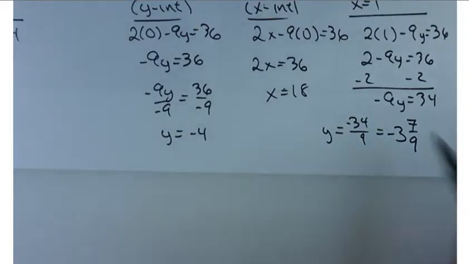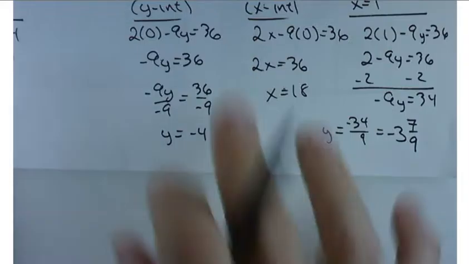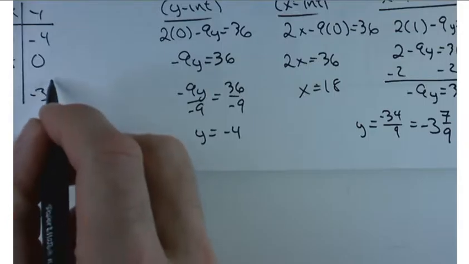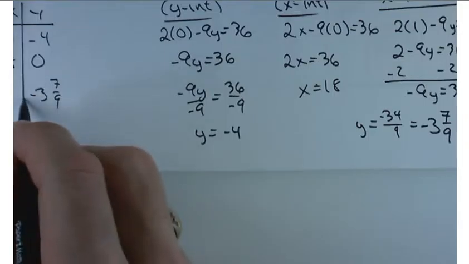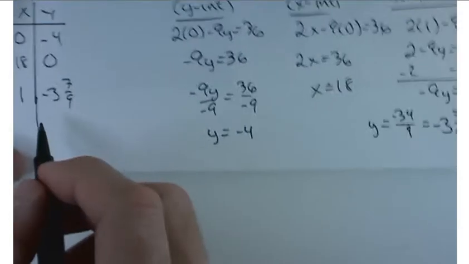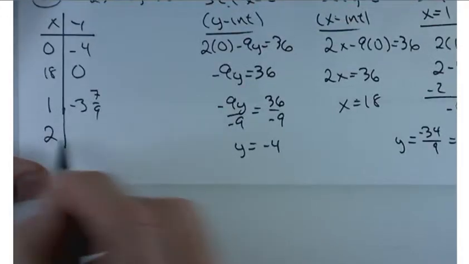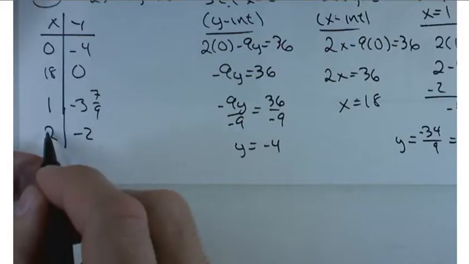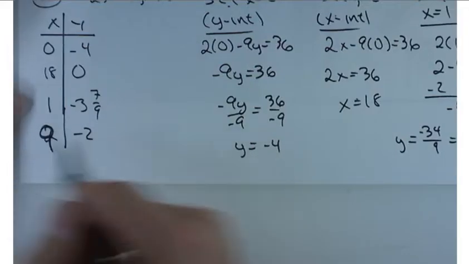But this is going to happen to you sometimes when you choose that third point. You're just going to get kind of an ugly number. Not much you can do about it. You can try and choose another point. Actually, a point that does work out good would be, or excuse me, not 2, but negative 2 for y leads to 9 for x.